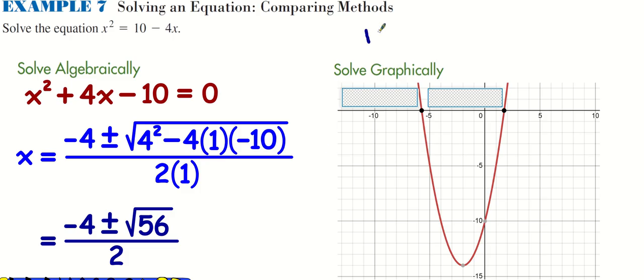y equals, sorry, I'm writing with my mouse, it might end up a little messy, x squared plus 4x minus 10.